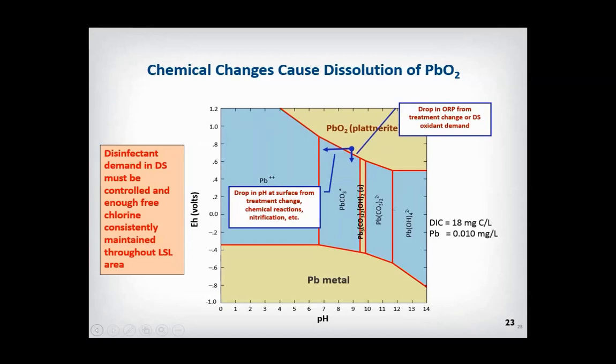One is if you let the pH drop in the system, you can get into lead-2 solubility, and lead-2 solubility is far higher than lead-4 solubility. And the other way is if you lost free chlorine and the ORP dropped, then you can redissolve these scales and turn them into lead-2 carbonates, and those are much more soluble.